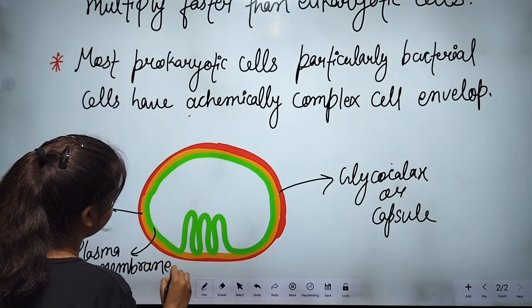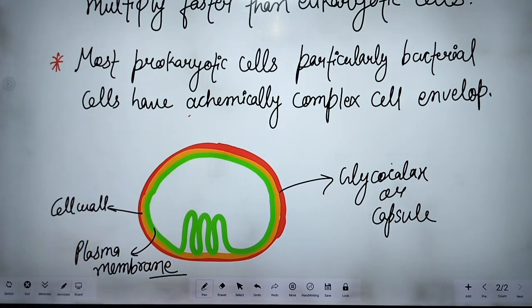I hope you understand this point, that most prokaryotic cells, particularly the bacterial cell, have a chemically complex cell envelope. Also we can see here that there are 3 layers for its protection: glycocalyx or capsule, then the layer of cell wall, and then the plasma membrane. So we can say its outermost covering is very hard.